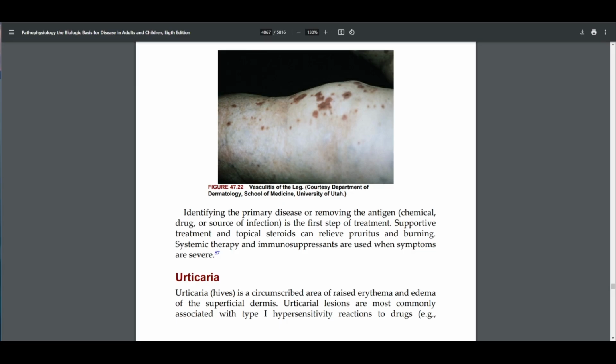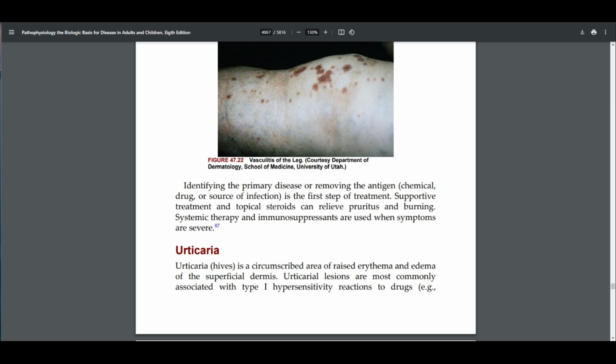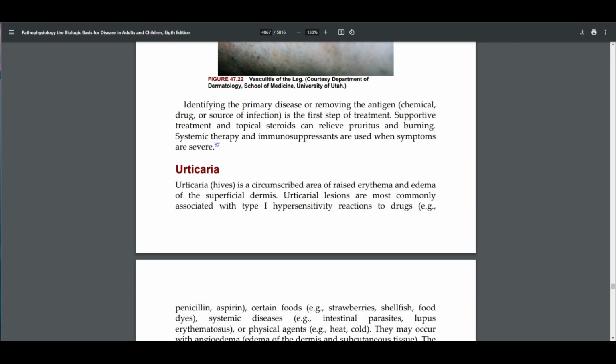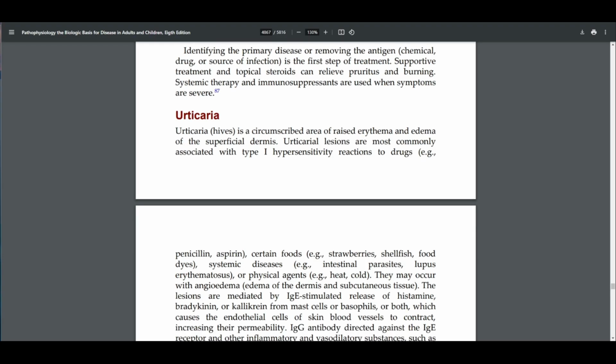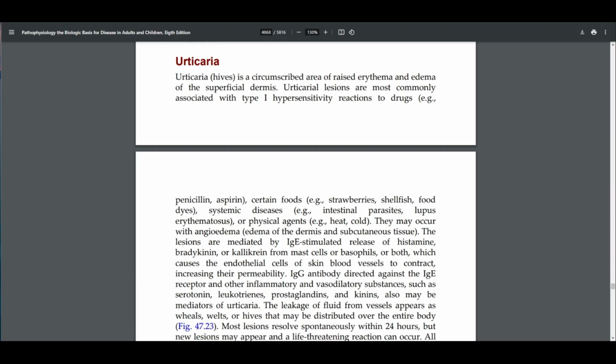Urticaria, or hives, is a circumscribed area of raised erythema and edema of the superficial dermis. Urticaria lesions are most commonly associated with a type 1 hypersensitivity reaction to drugs, certain foods, systemic diseases, or physical agents.